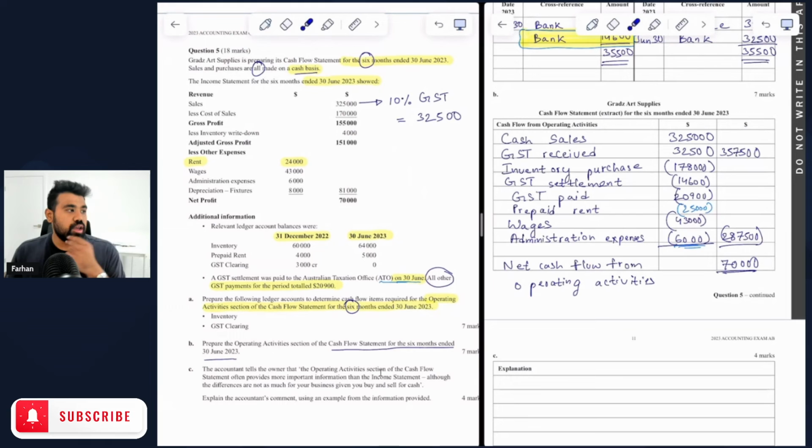First of all, if I was to calculate net profit, how would I derive it? I would simply take all the revenues that the business has earned, and then I would subtract all the expenses incurred. The expenses in this case, as you can see, are rent, wages, admin expenses, and depreciation for fixtures as well.